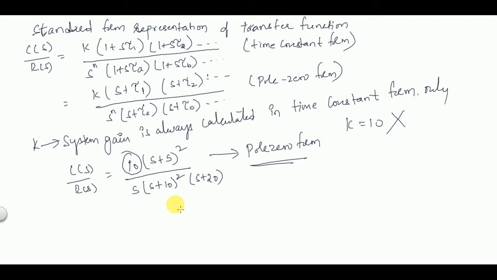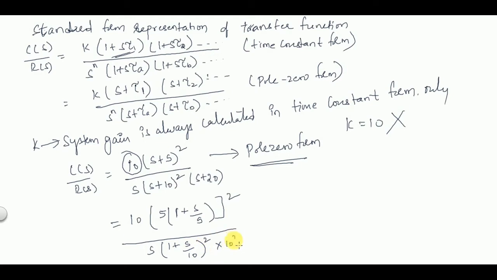So first of all, the pole zero form must be converted into time constant form, so it should be in terms of 1 plus s tau. I am taking the 5 constant common here. If you take 5 common, you will get 1 plus s by 5, whole square, divided by s into (1 plus s by 10) whole square into 10 square, which I am writing outside directly, into 20 into (1 plus s by 20).